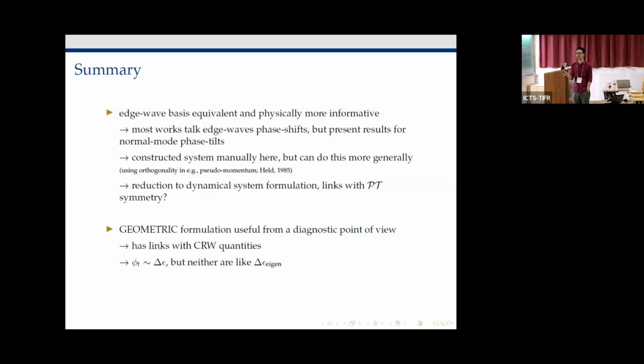But the thing we find in this work, which I didn't talk about, is that the geometric formulation seems to also have relations to the CRW quantities. Particularly, the tilt angle is related to the phase tilt, but not to the phase angle. The vertical tilt in geometric is related to the edge wave phase shift, but it has nothing to do with the phase tilt.